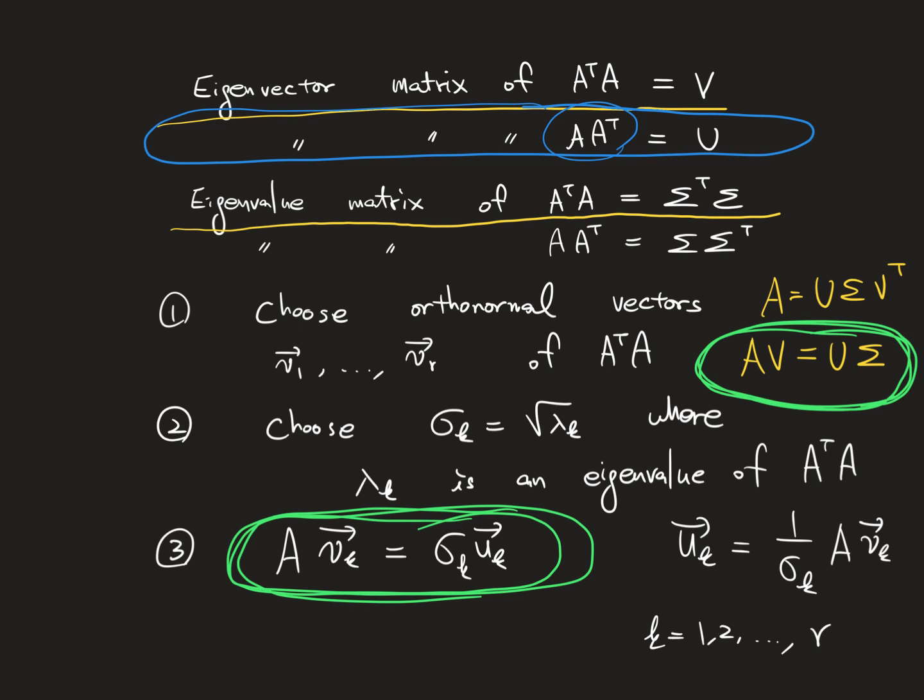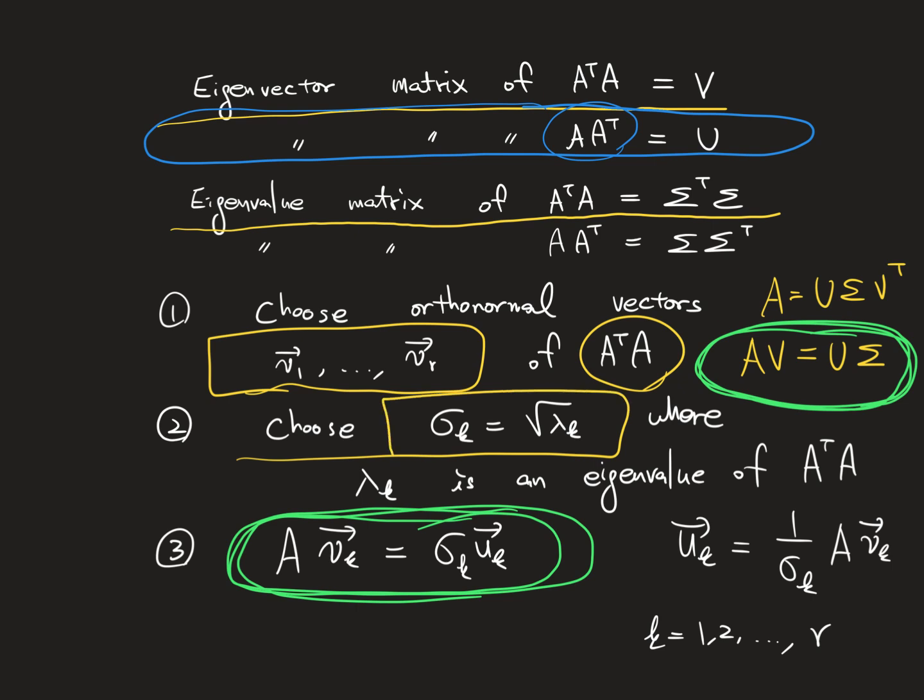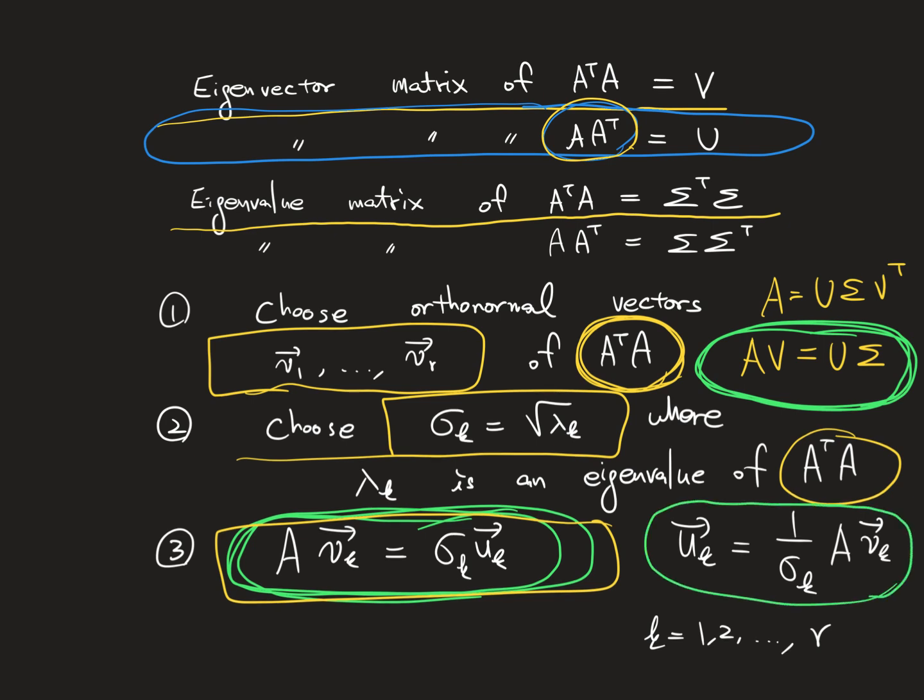You just find the V matrix first using A transpose A, then you find the singular values using the eigenvalues of A transpose A, and then you find U using that equation. Don't go to AA transpose. You just consider A transpose A, and then you can find Uk using the final relationship. So in this way, you can find SVD by hand.